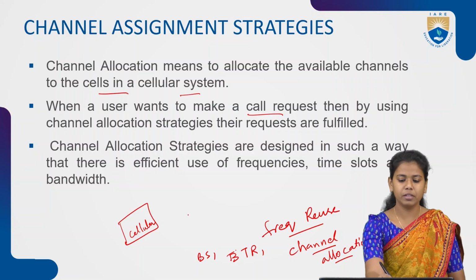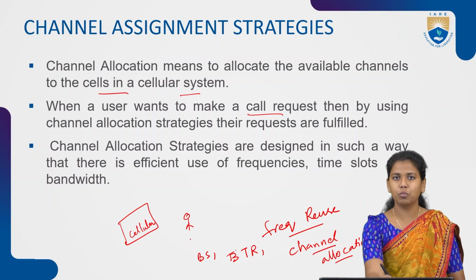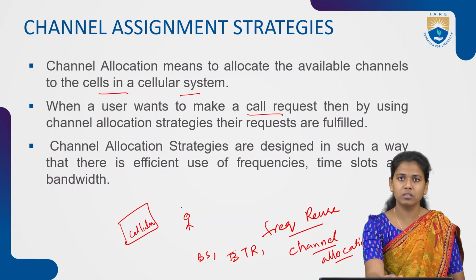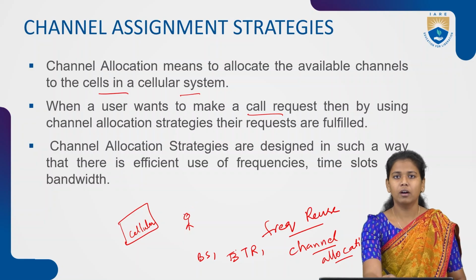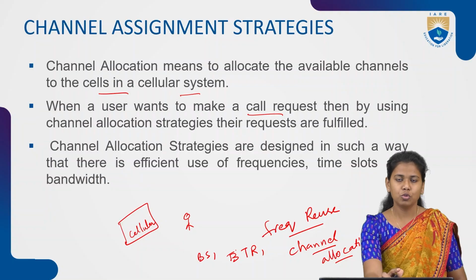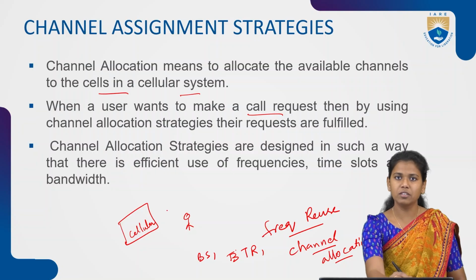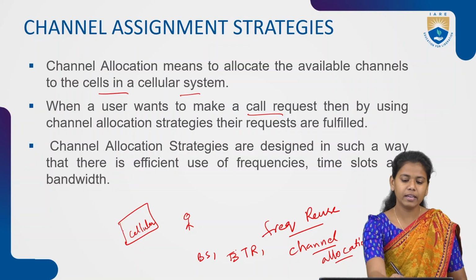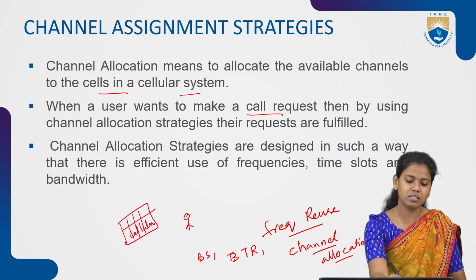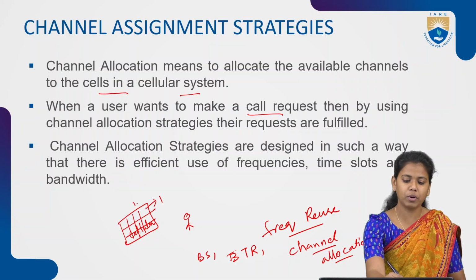For example, there is a cell station and here is a user. This user wants to make a call, or communicate with people in another part of the world. So he makes a call request, which is sent to the base station, and there the channels are allocated with different numbers like 1, 2, 3, 4, and so on.